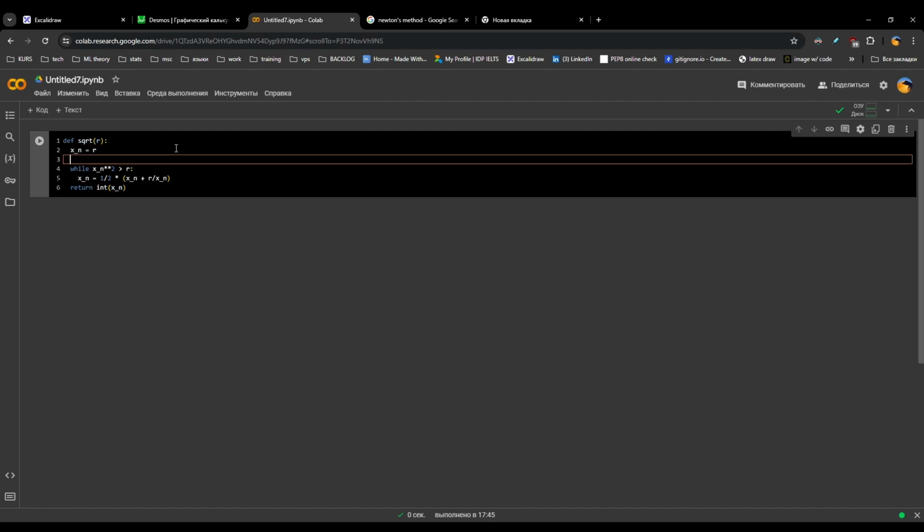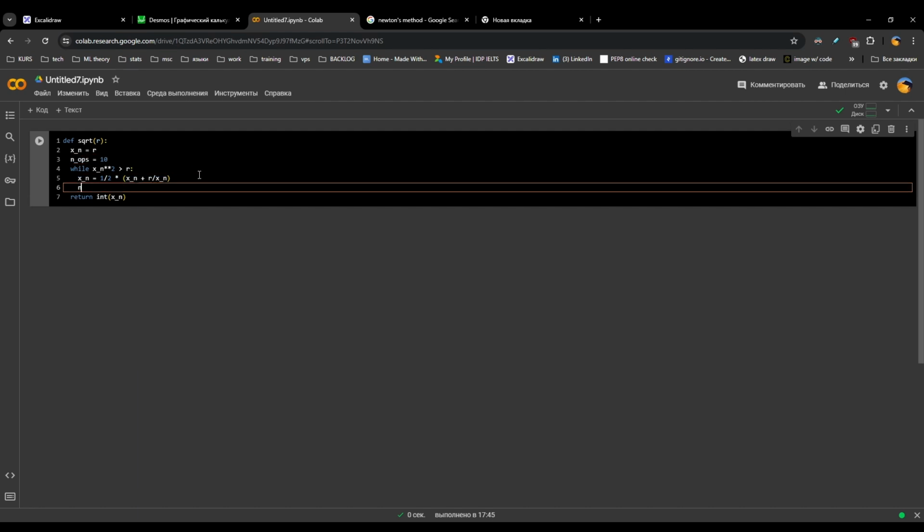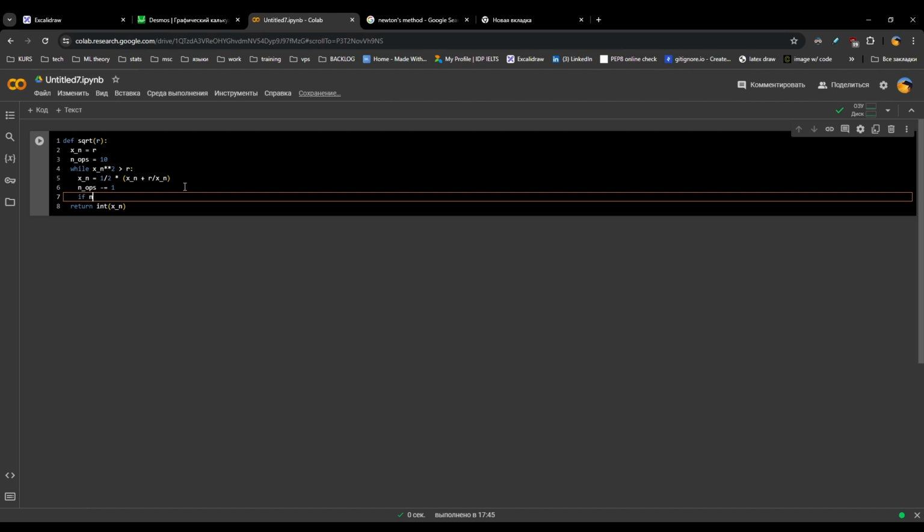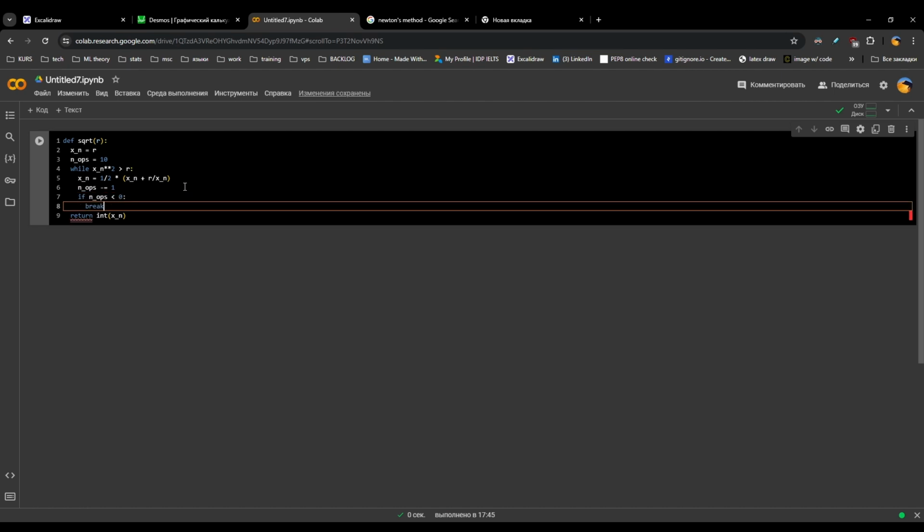In order to demonstrate that, we can define a number of operations, and on each iteration subtract 1 from the number of operations until the number of operations is actually less than 0, and then we break the while loop in order to not run into an infinite one.